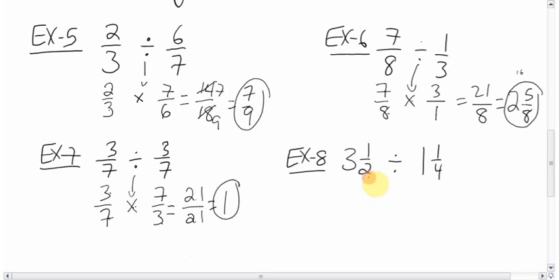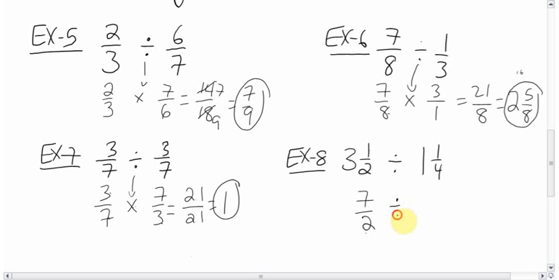Like we did before with multiplying and adding and subtracting, we need to convert this to an improper fraction. 2 times 3, 6 plus 1, 7 over 2. The denominator stays the same. Let's not change this to a multiply yet. Let's just leave it the way it is.